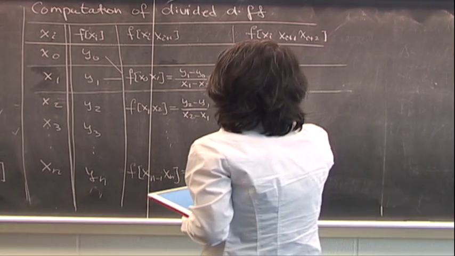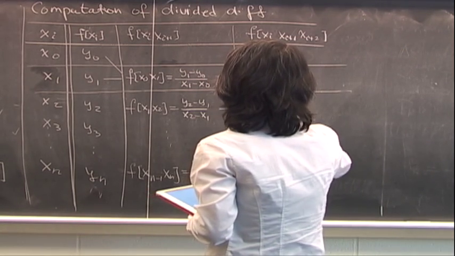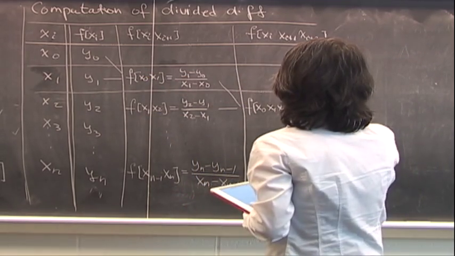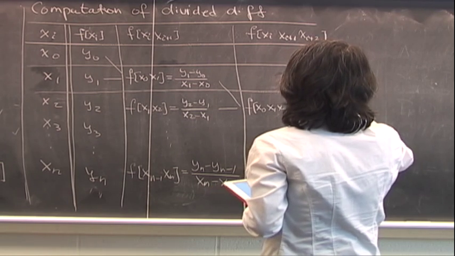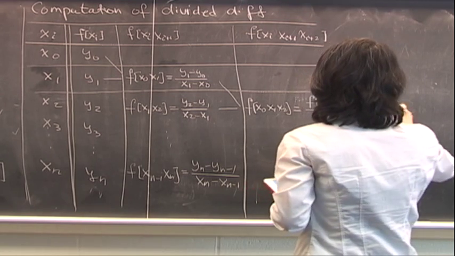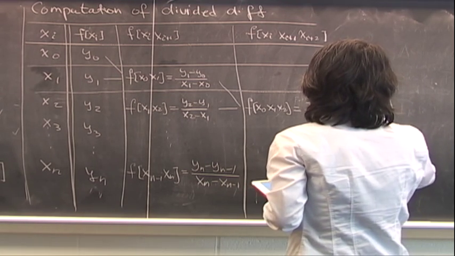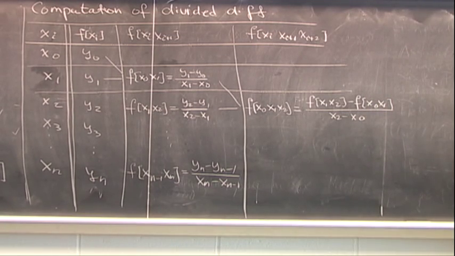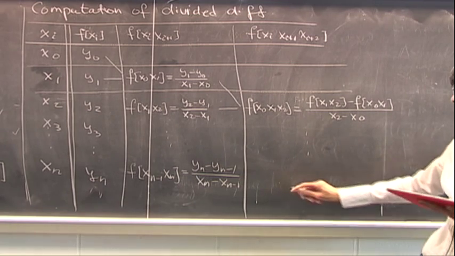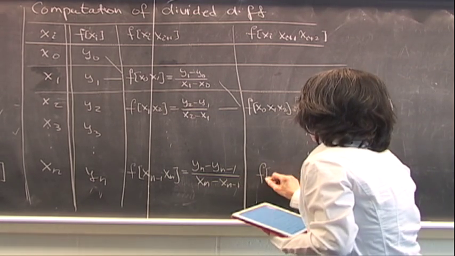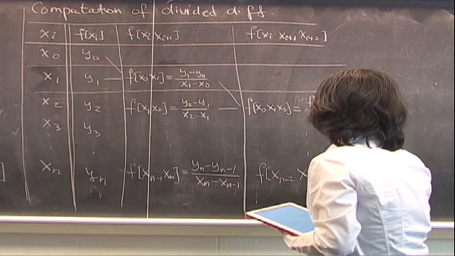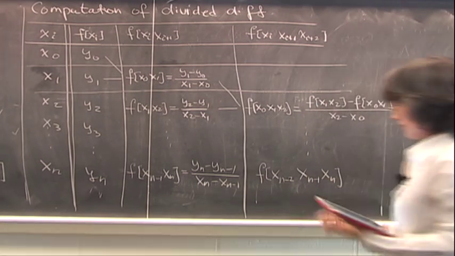So that will be the f[x0, x1, x2], which will be this minus that, f[x1, x2] minus f[x0, x1], over x2 minus x0. Is that right? And I can keep doing it until I fill the last place. So this will be the f[xn minus 2, xn minus 1, xn]. Okay?